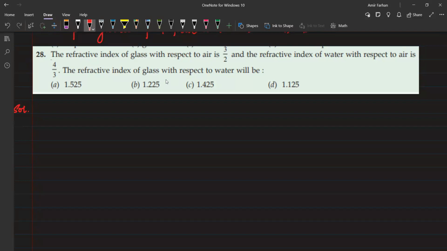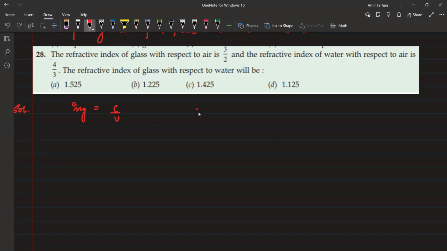Is it supposed to be on the numerator side? Yes, it's supposed to be the numerator. With respect to air, I've told you, glass with respect to air, so in terms of velocity it is C by V glass.